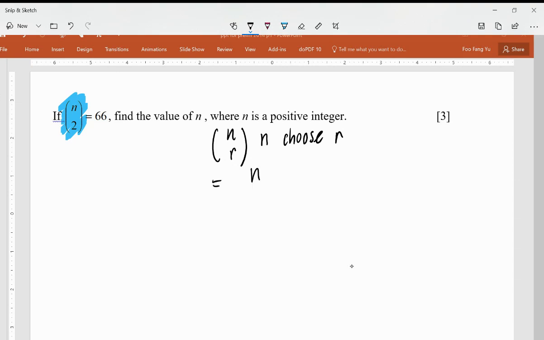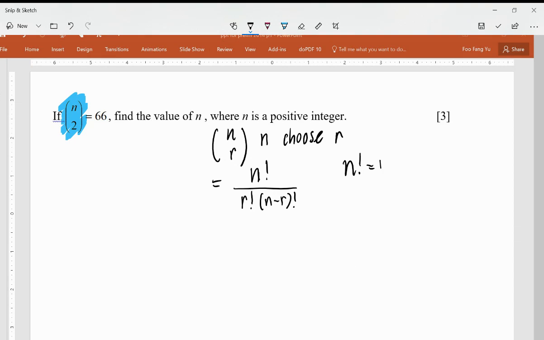It's n factorial over r factorial times n minus r factorial. Okay, so we're going to revise what n factorial means.